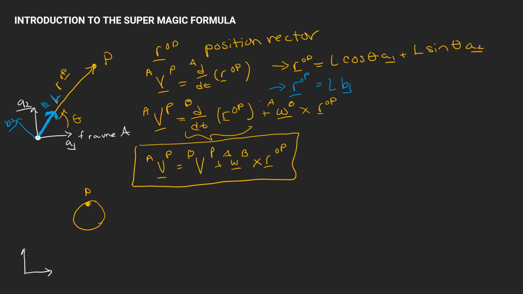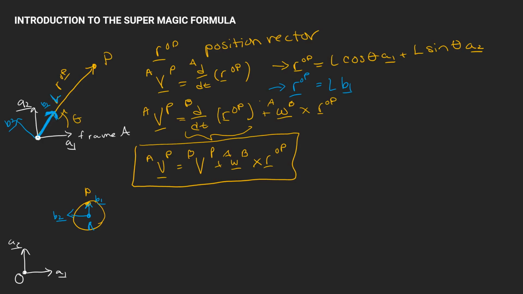So again, here we have our fixed frame A, A1, A2, frame O. And we introduced a second frame, but we put the origin of that frame at point R. So R, and then again we draw our frame B in this manner, so that we can express this position vector that goes from R to P in terms of just one unit vector, which in this case is B1.